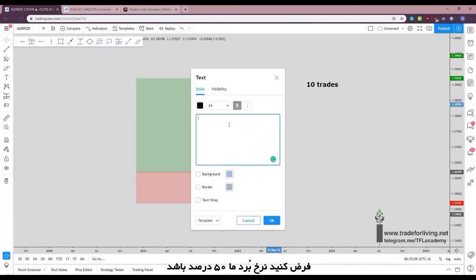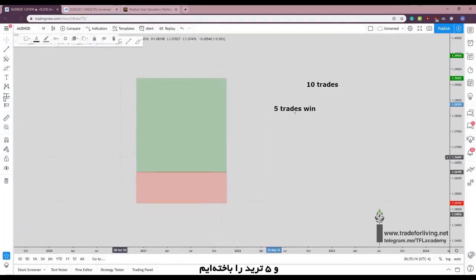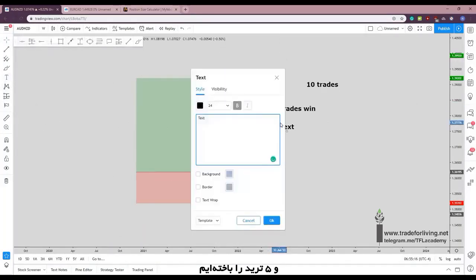Let's say we have a 50% win rate, so we win 5 trades and we lose 5 trades.